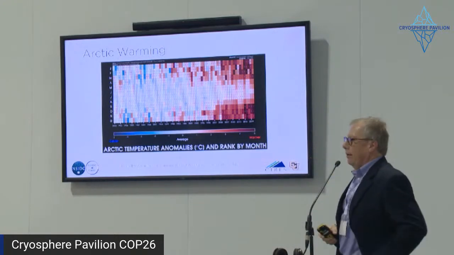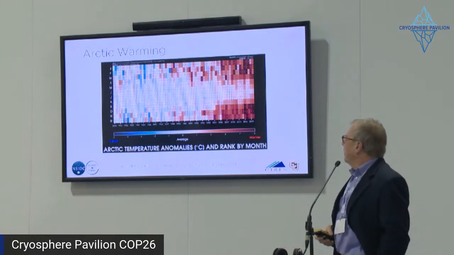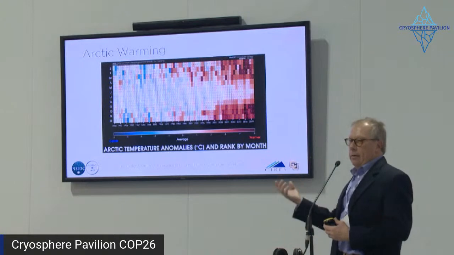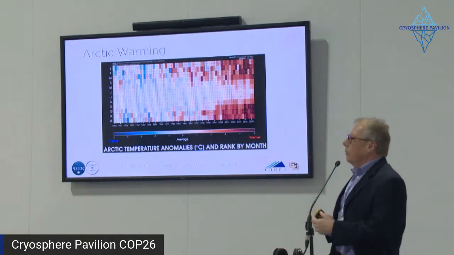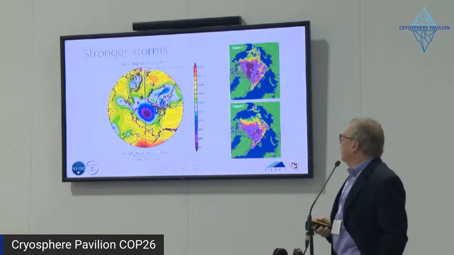The summer doesn't have a lot of change compared to the earlier years, because a lot of the energy that's going into the ice cover is going towards melting the ice, and so the summer is not seeing as much warming.